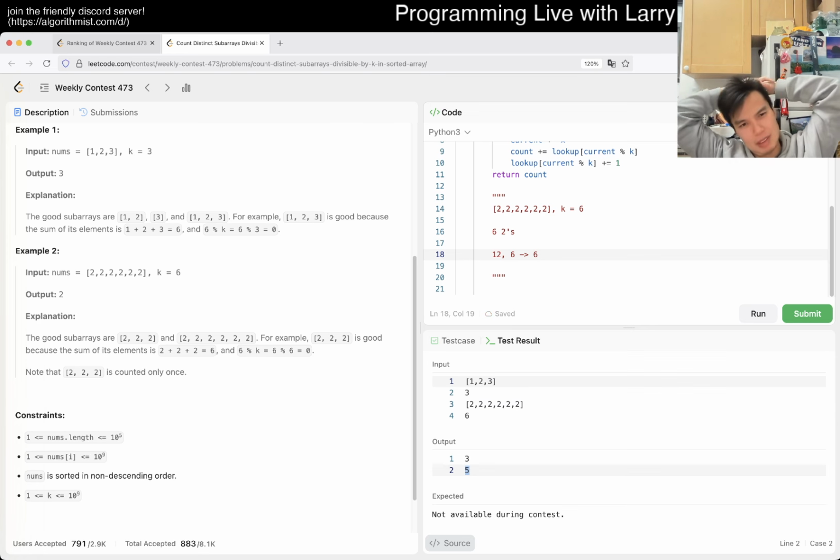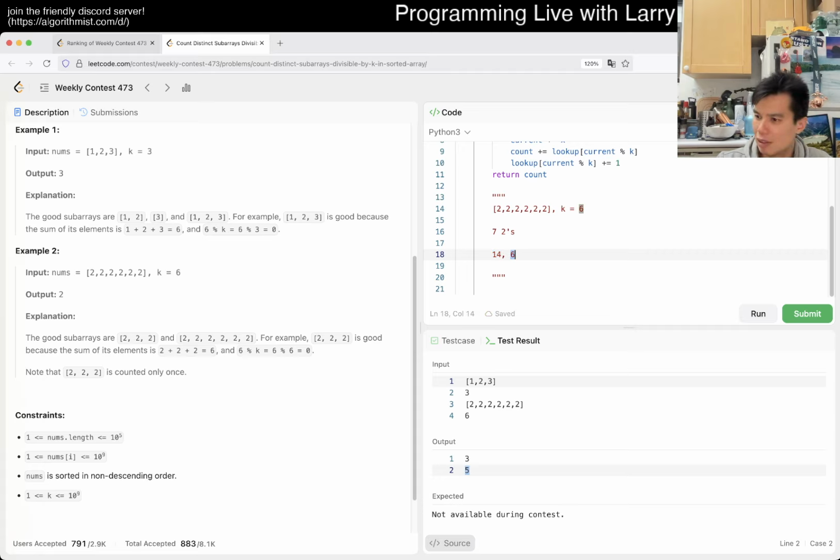Does that even help? What if this is 14? That doesn't mean anything, the GCD. If you have 14 and you want to get 6, it's more like it should be the GCD of 2 and 6.